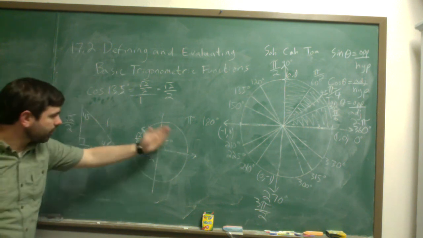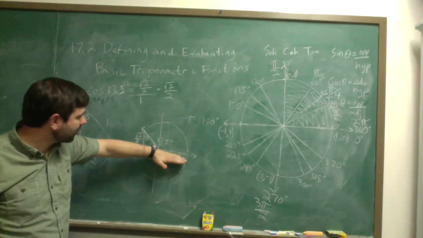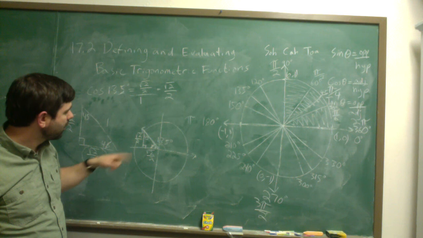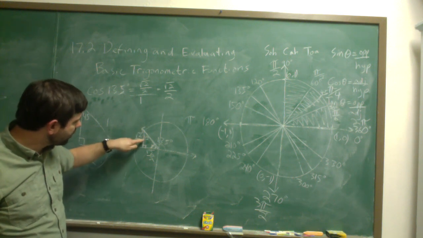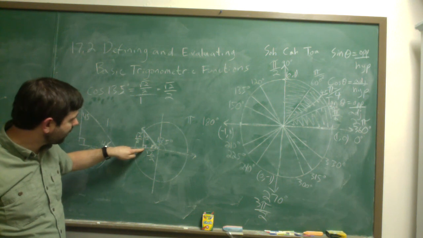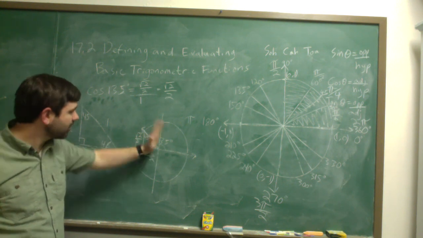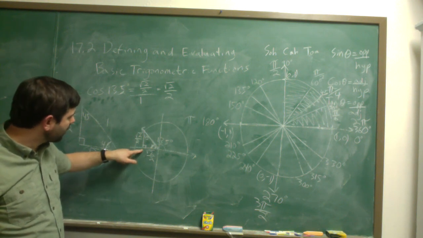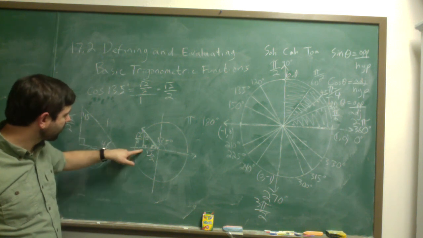Do your unit circle. Start with your initial side over here on the x-axis. Draw your 135 degree angle. Drop the angle where it connects to the circle down to the x-axis, even if that means it's outside of the angle. That's fine. If it's on the outside, that's okay. And now we have a 45, 45, 90 triangle.